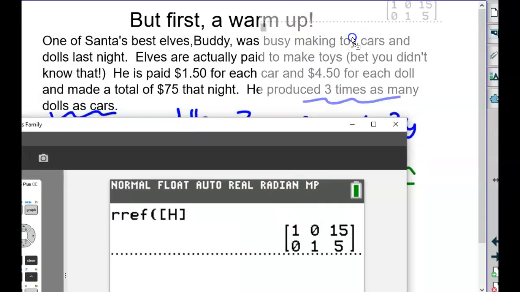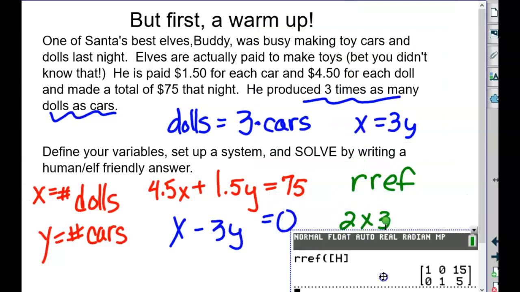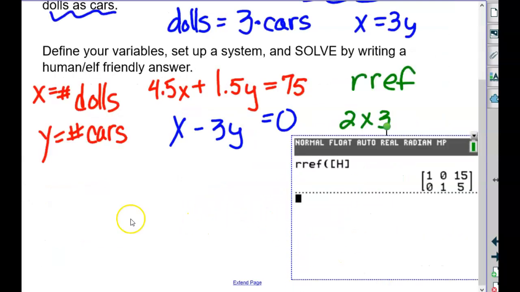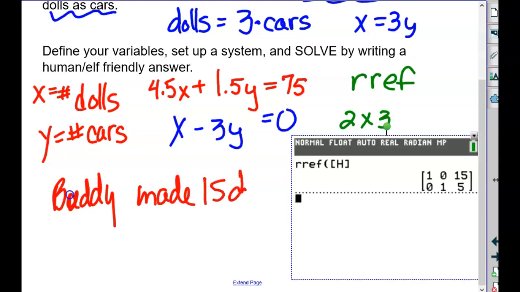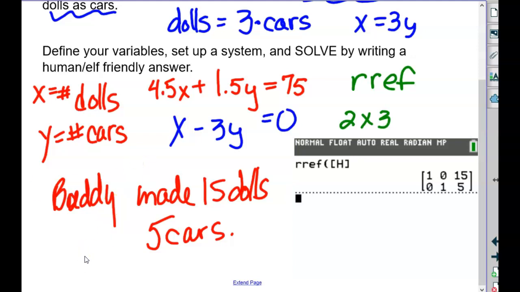So what is the sentence? Buddy made 15 dolls, we put first, and 5 cars. Everybody good? It works for even just a simple little 2 by 2. That's what we did yesterday.